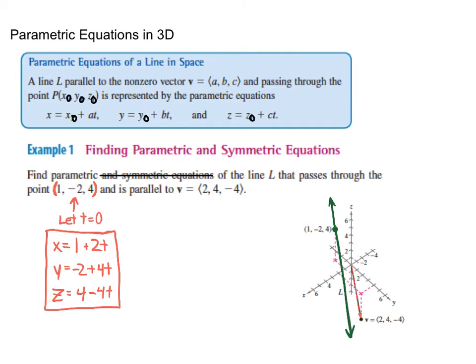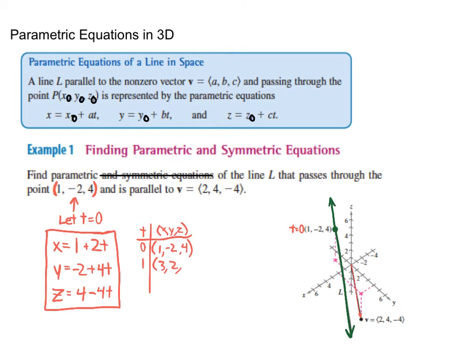So what we're saying is we're at this location when t equals 0. When t equaled 1, just to illustrate here, at t equals 0, we're at 1, -2, 4. If t equals 1, 1 plus 2 times 1 is 3. -2 plus 4 times 1 is 2.